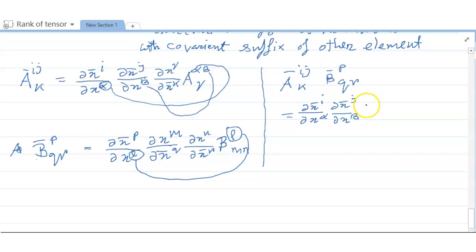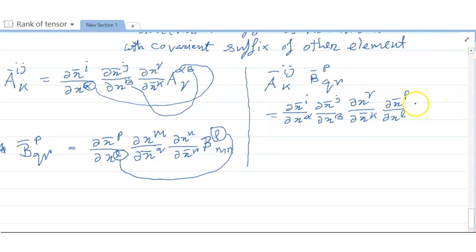And this is del x gamma by del x bar k, and del x bar p divided by del x l, and del x to the power m divided by del x bar q, into del x to the power n divided by del x bar r.